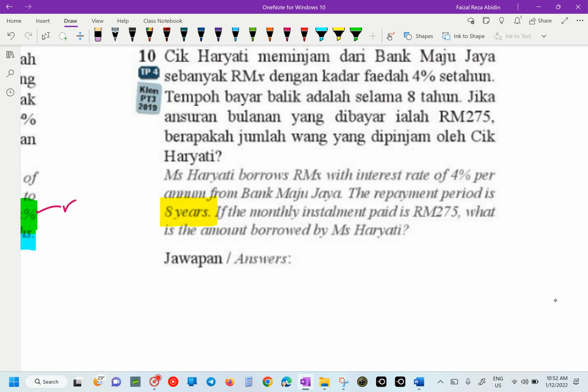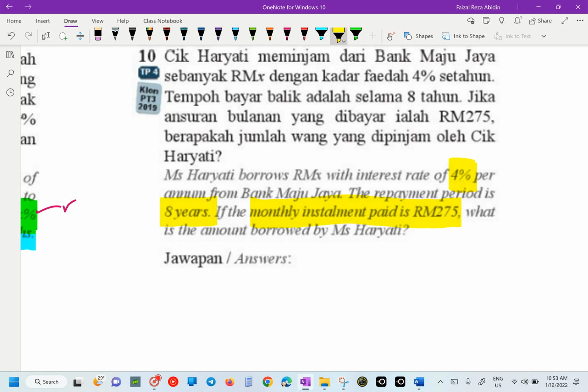Interest rate, just now we have 4%. If the monthly installment paid is 275 ringgit, what is the amount borrowed by Miss Haryati?